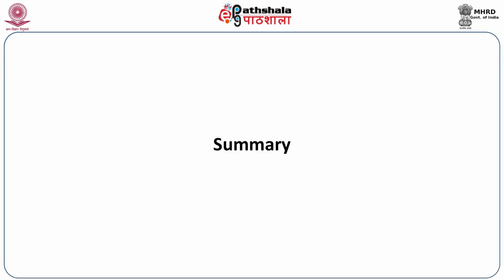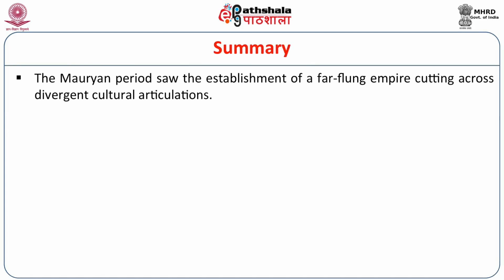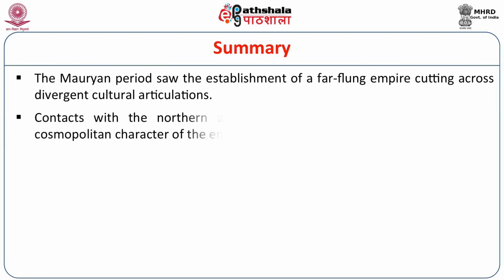To sum up what we have discussed so far, we can highlight quite a few points. Firstly, the Mauryan period saw the establishment of a far-flung empire cutting across divergent cultural articulations.